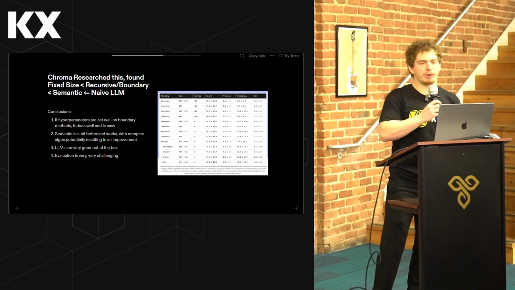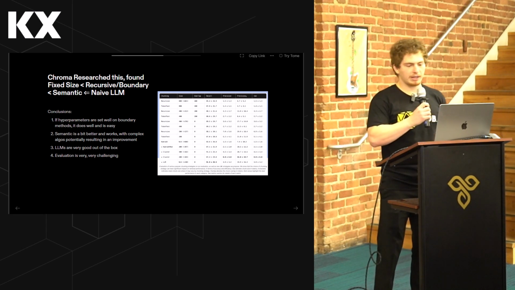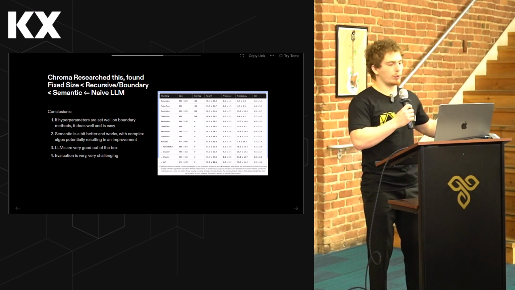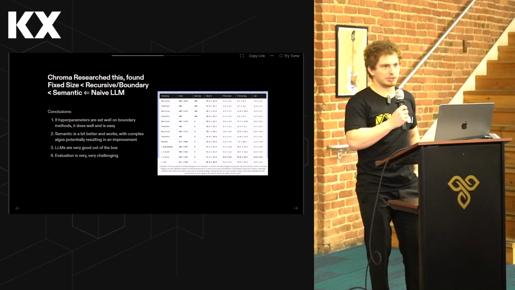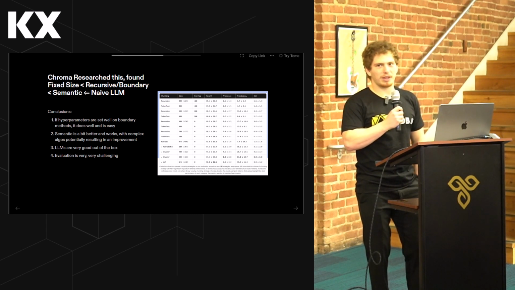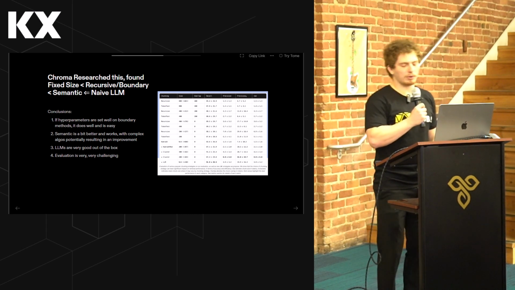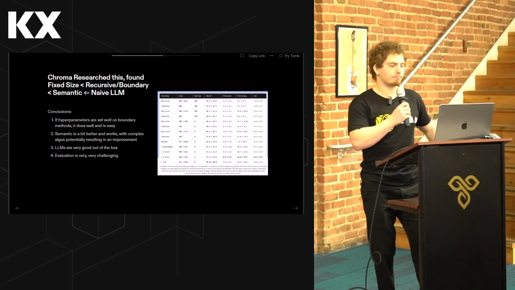But the hard part was really creating this data set. So they created a very high quality data set, and they were able to measure recall, precision, and something they called the IOU, which I don't want to get into, but you can think of it as the accuracy, kind of, although don't quote me there, of how well these different chunking strategies work.